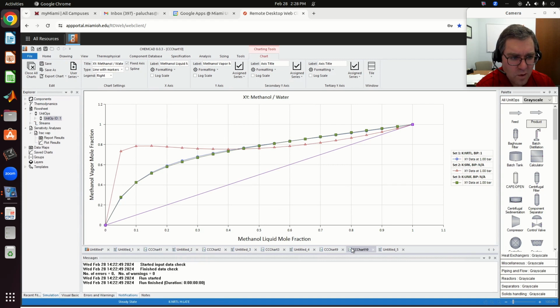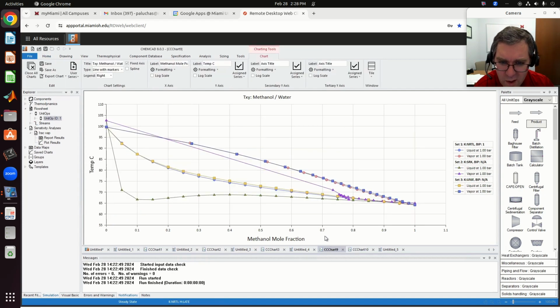So I'm going to come over to the McCabe-Thiele one, and so the blue and green pretty much overlap, and so the blue is NRTL, the green is UNIFAC, and then the red is use of the SRK equation of state.